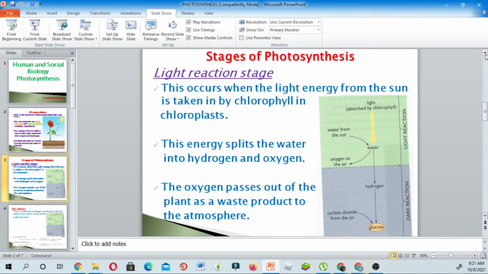That is where the energy is trapped, which comes from the sunlight. So if I should ask you which part of the plant traps the energy that comes from the sunlight, then I should tell them that it is the chlorophyll, which is located in the chloroplast.